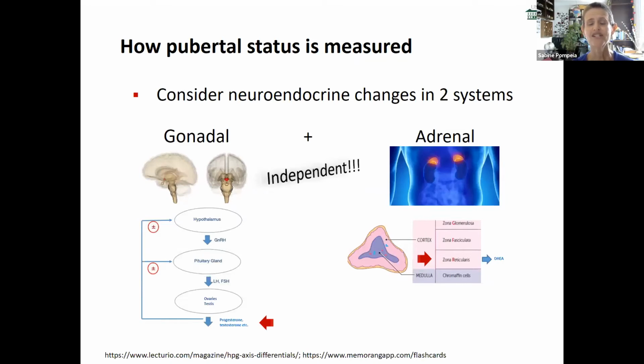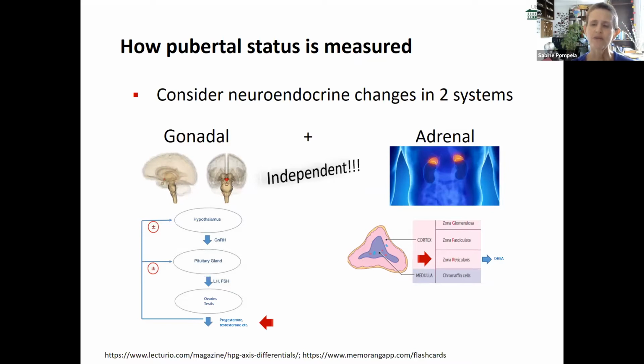And for that, we have to consider that sexual maturity involves two neuroendocrine systems which are independent from each other. One of them is the gonadal system, which ultimately leads to the production of sex hormones by the gonads, such as progesterone and testosterone.